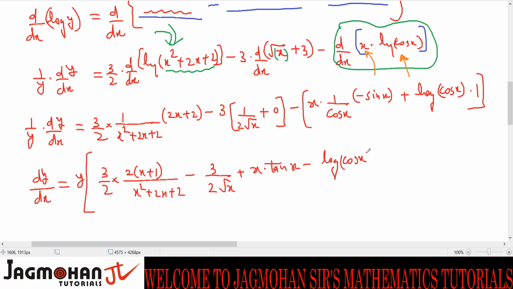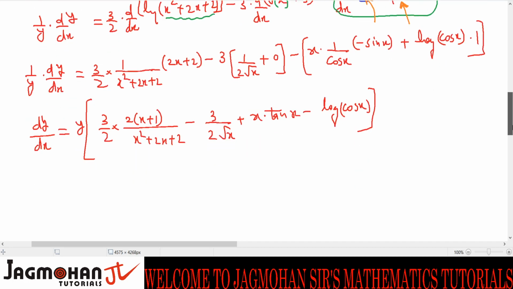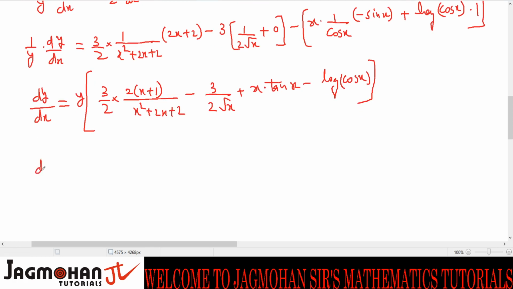So the next step, we will substitute what y was. That will get you the final answer. So dy by dx equals, you will write what y was.